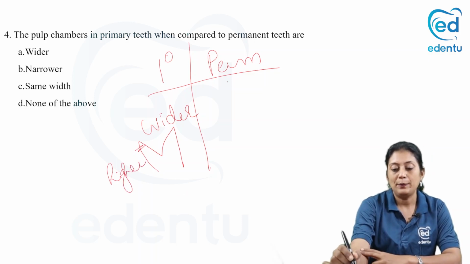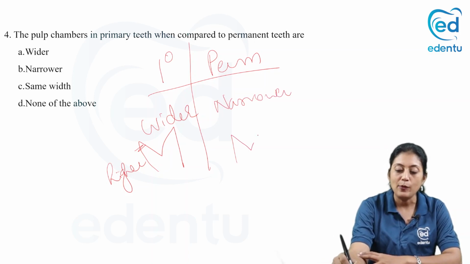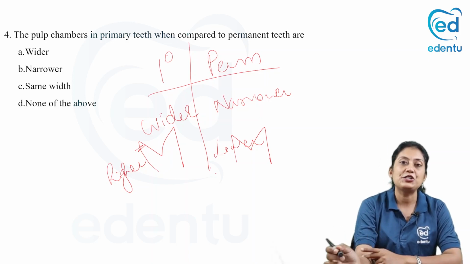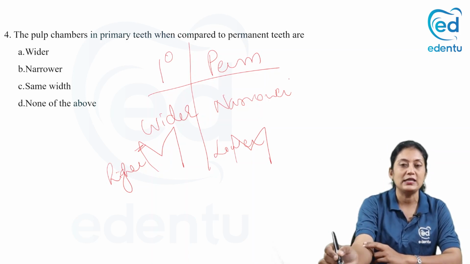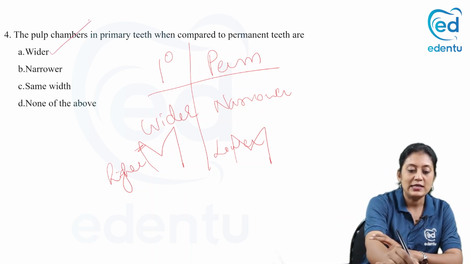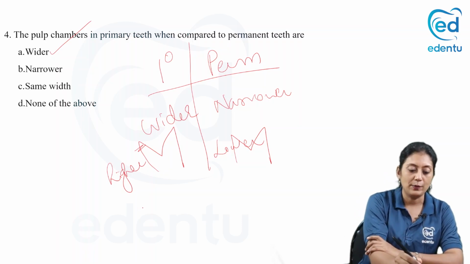Whereas in permanent teeth, it will be slightly narrower than the primary teeth, and pulp horns are present at a lower level. That is the main differentiating feature between deciduous teeth and permanent teeth in case of the pulp. So the answer here is the pulp chamber of primary teeth is wider when compared to permanent teeth.